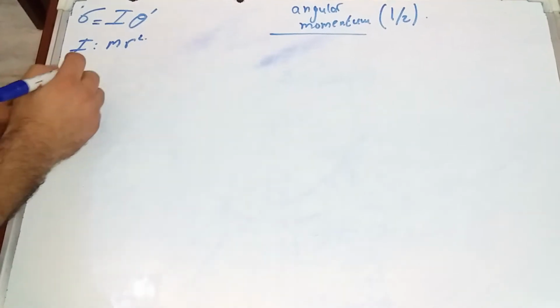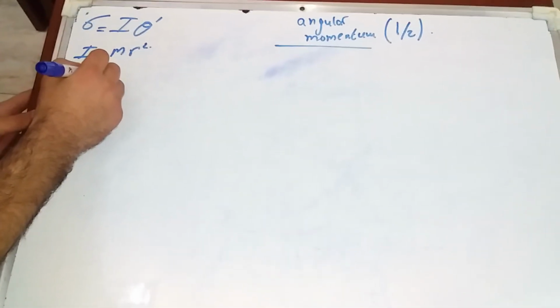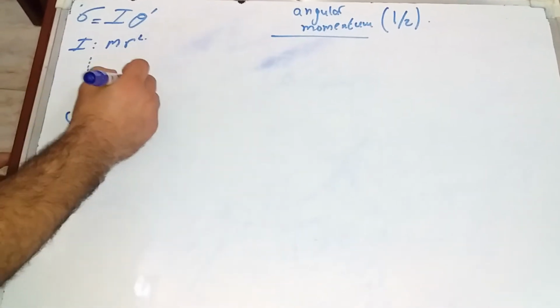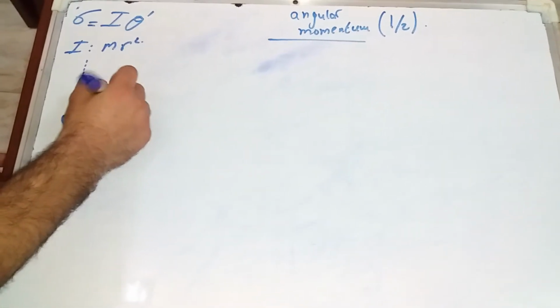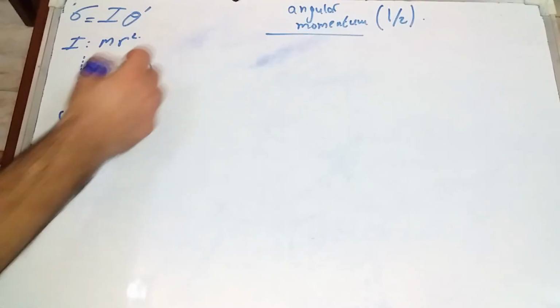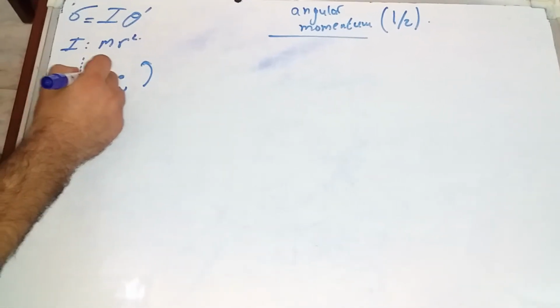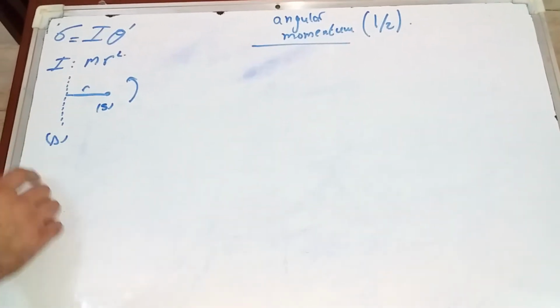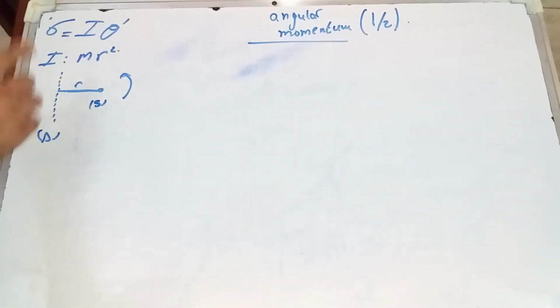So which means that if we have an axis about which a particle called S rotates, then this is the R, where R is the distance separating the particle from the rotating axis.